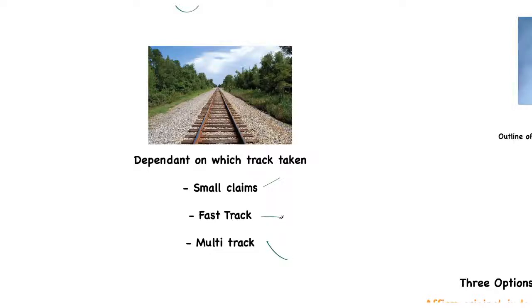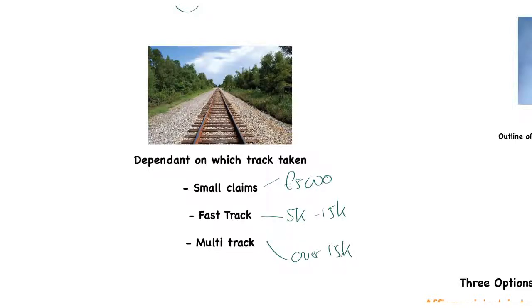It doesn't take the brains of an archbishop to realise that small claims are going to be for those minor civil cases, fast track are for those in the middle, and multi-track are for those more serious. In terms of damages, just to give you some idea, below £5,000 is going to be in the small claims, 5,000 to 15,000 is going to be in fast track, and over 15,000 is going to be in multi-track.